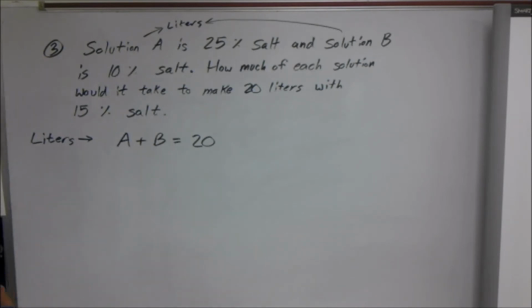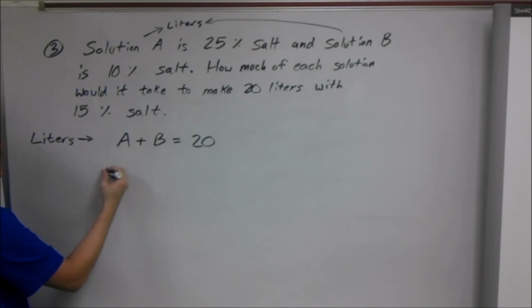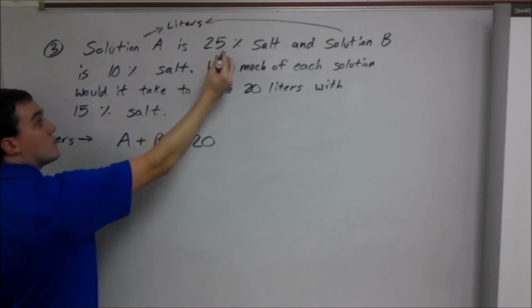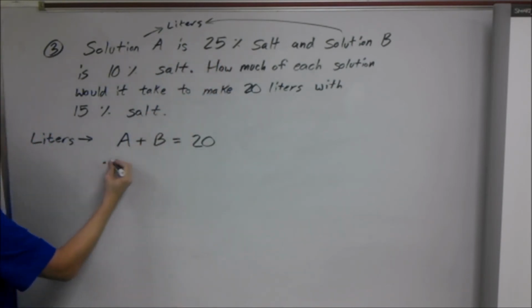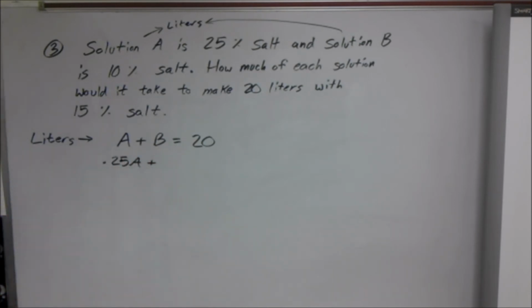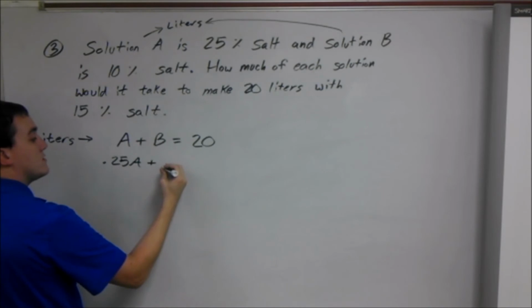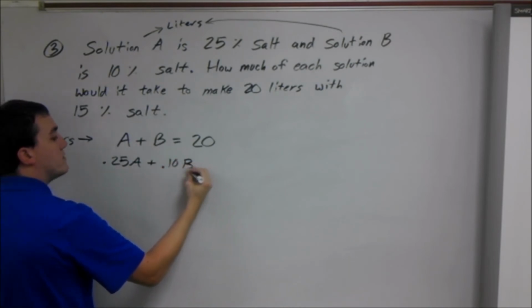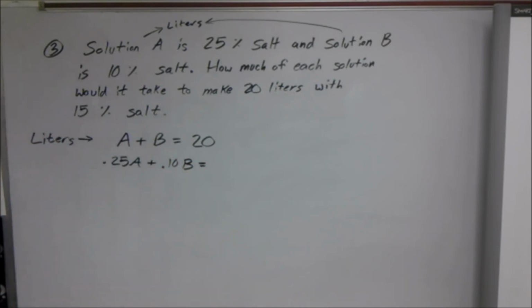Next part's the challenging part. We know solution A is 25% salt. So we have 25% of A, and we write that by bringing the decimal over 2 places. So 0.25A plus 10% B, so 0.10B, equals 15% salt.